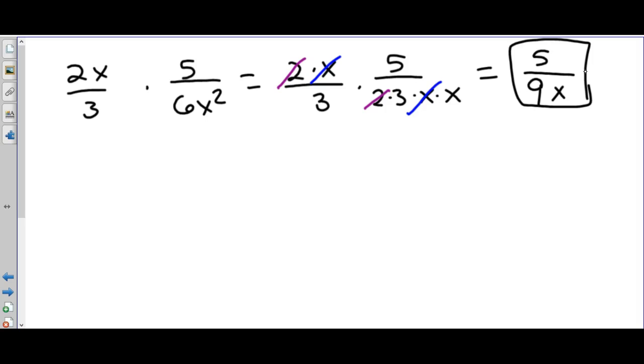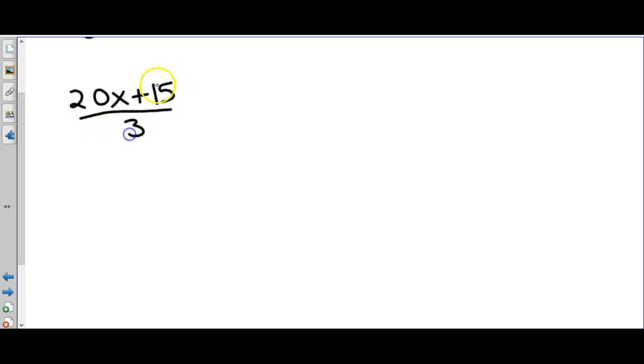So then they take it a step further and make it a little bit more complicated by involving addition or subtraction. So when you get addition or subtraction involved, that means we have to factor. So we've been doing our prime factorization. This time I'm using the word factor a little bit differently.